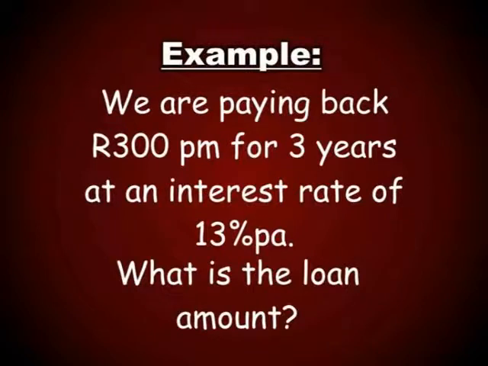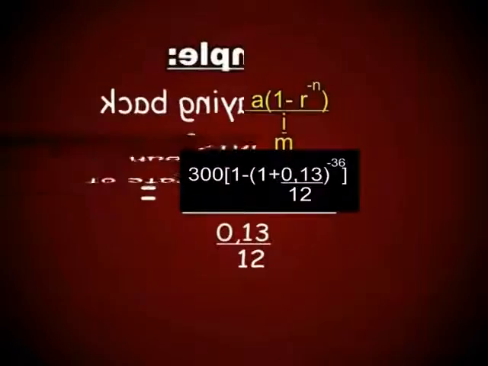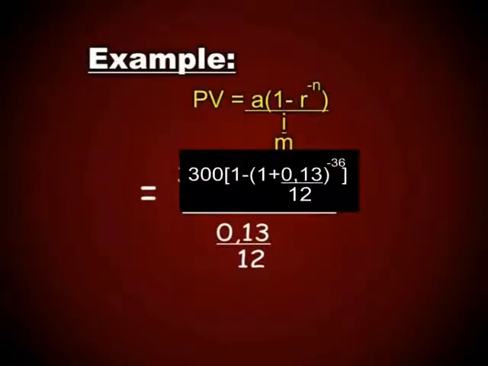We are paying back 300 Rand a month for 3 years at an interest rate of 13% per annum. What is our loan amount? Present value is equal to 300 Rand, which is our A value, times 1 minus 1 plus 0.13 over 12 to the power negative 36.